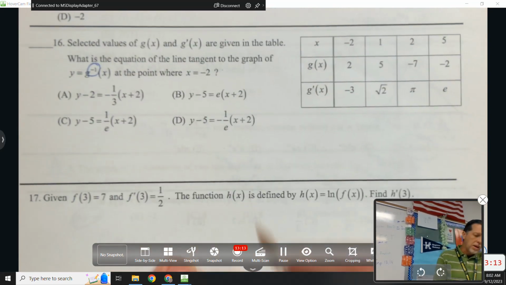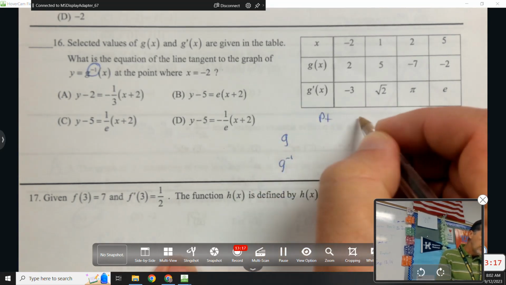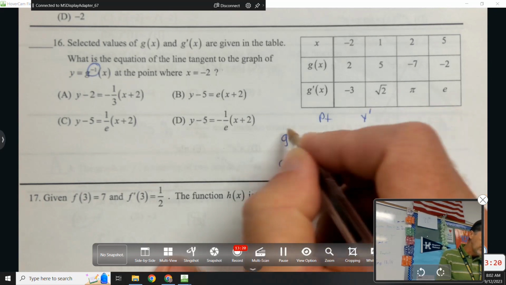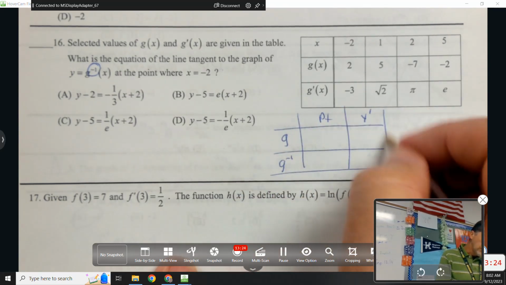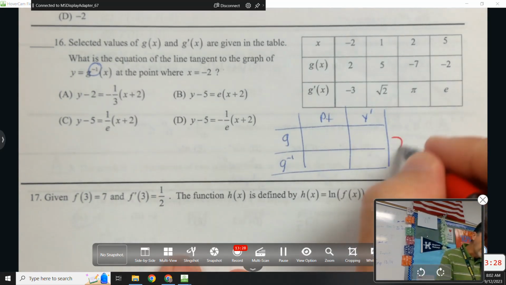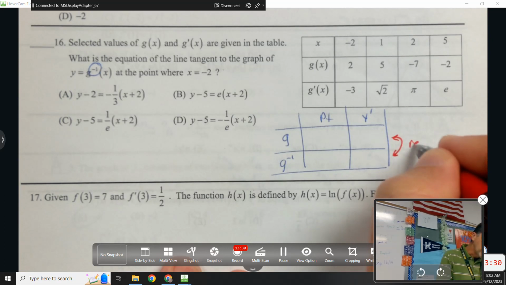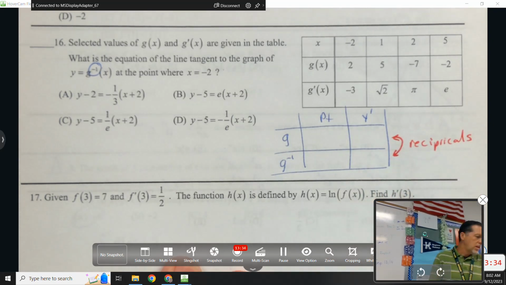Okay, well I think I need to make my own table here. g and g inverse, point and derivative. Tables all over the place. The main point of my table is that those two things are reciprocals. Let's see.